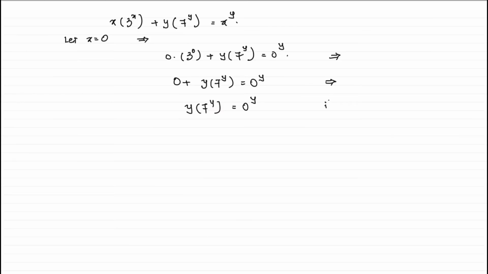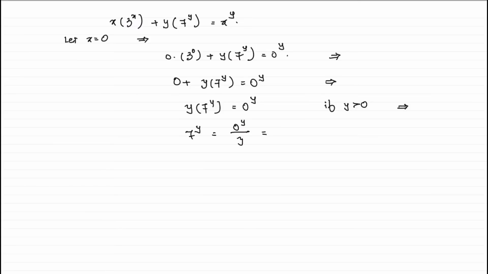If y is greater than 0, a real number, then it implies 7 to the power of y is equal to 0 to the power of y divided by y.